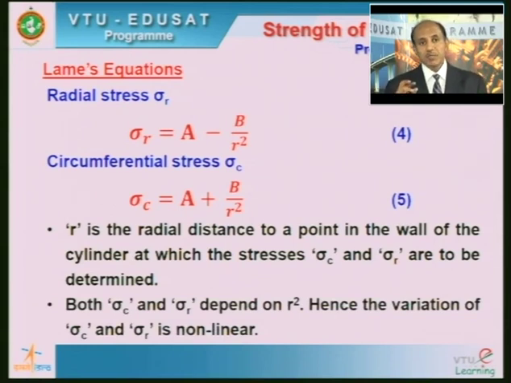The change is in terms of R square, so the variation is not linear, it is non-linear. We will show you how we represent the variation. It is not a straight line.